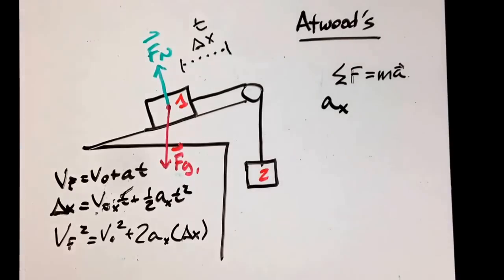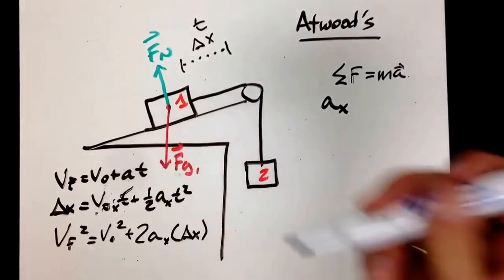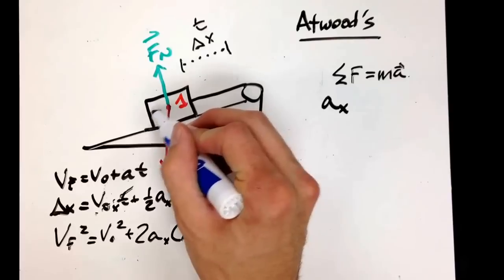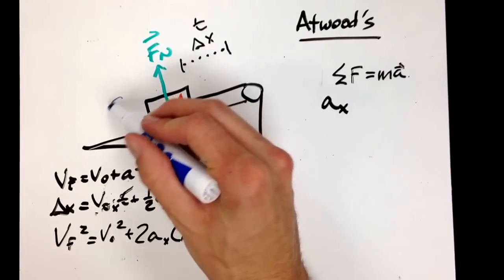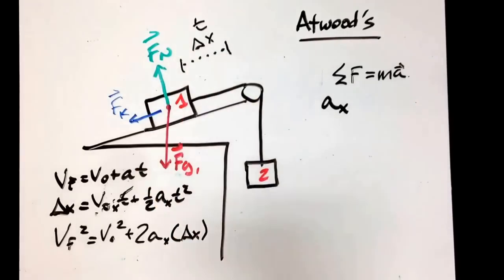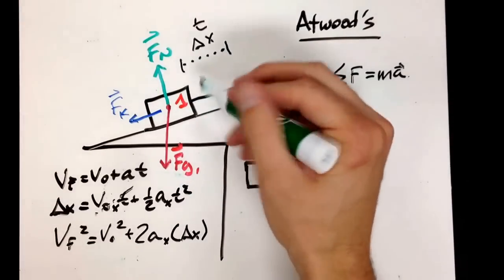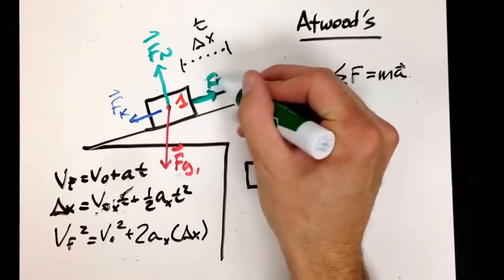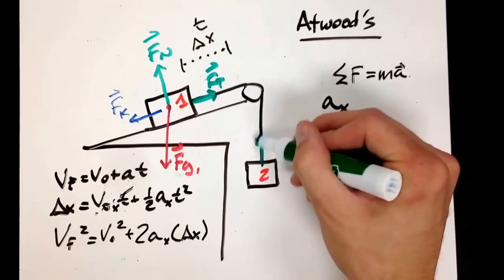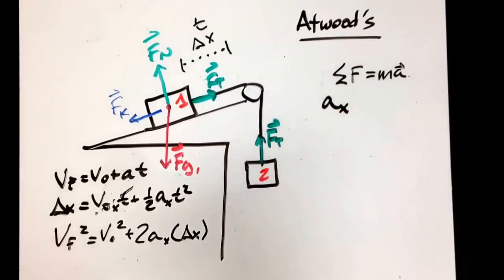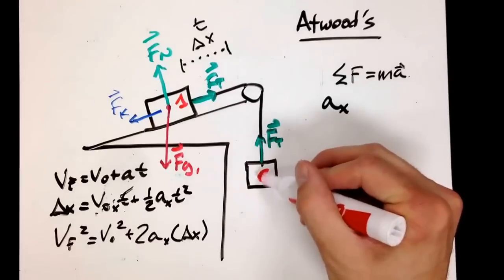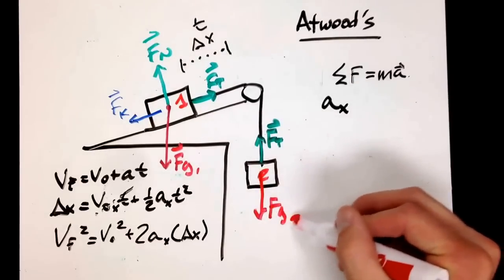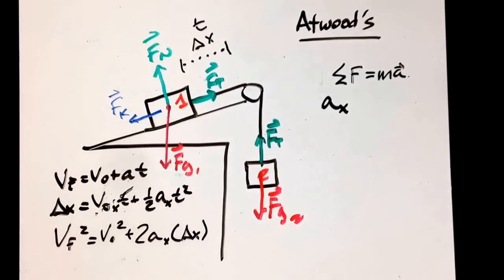And then I've got some frictional force because it's sliding up the ramp, so I've got some frictional force coming back down the ramp like this, Fk. Now, I've also got tension, and then tension, and then this block's weight vector, Fg2.